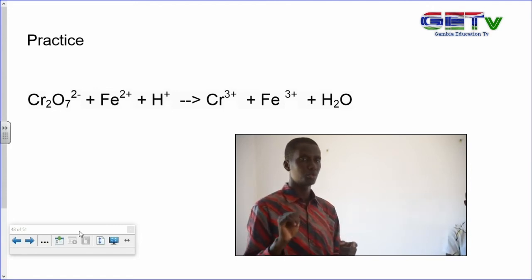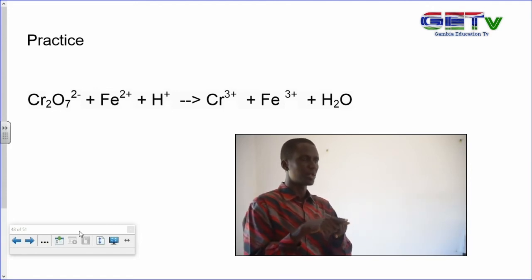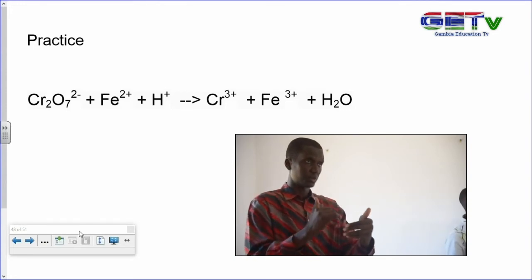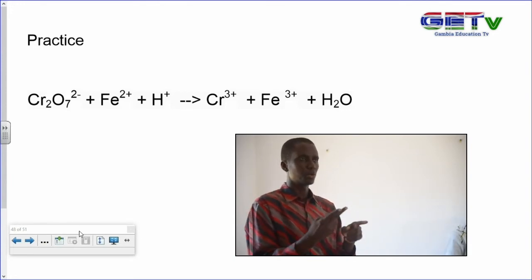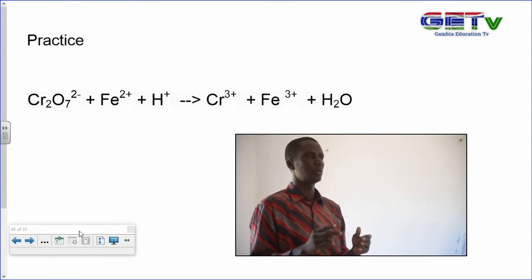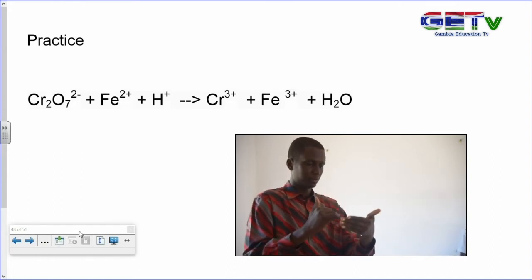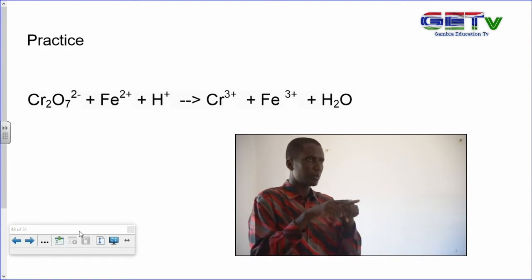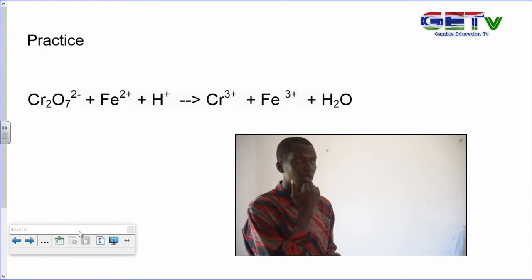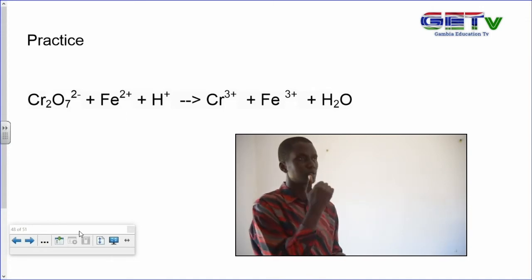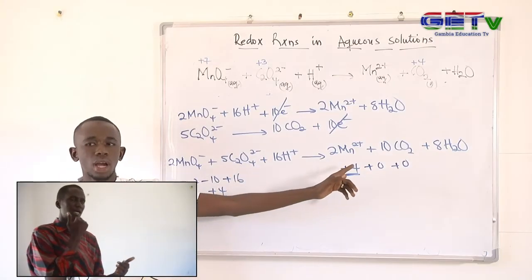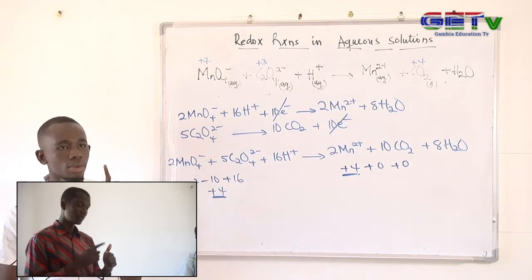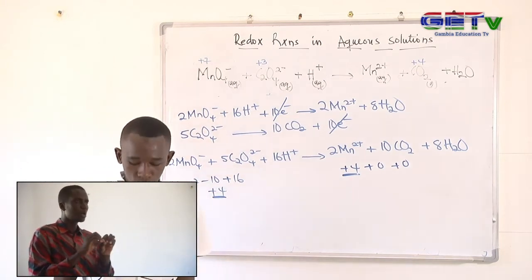Now, when you try to balance this equation, always follow these steps and then you will be able to balance this equation correctly. And after balancing, check whether the mass of the equation is balanced, that is by looking at the what? Number of atoms. And after, you balance the what? The charges. If the number of atoms on this reaction are equal and the charges are not equal, it means there's a problem in your reactions.